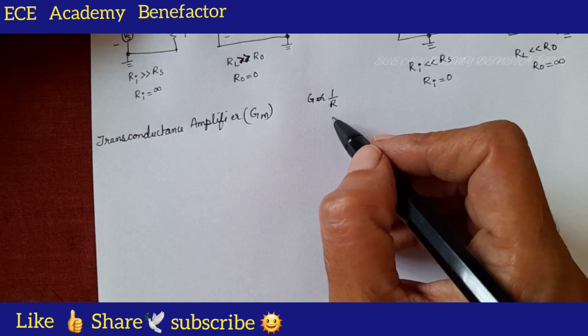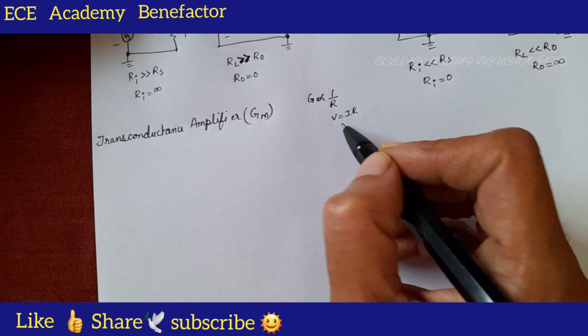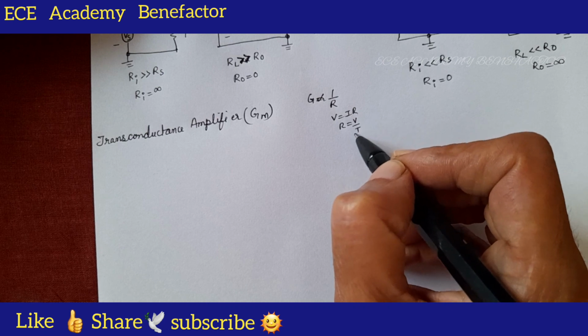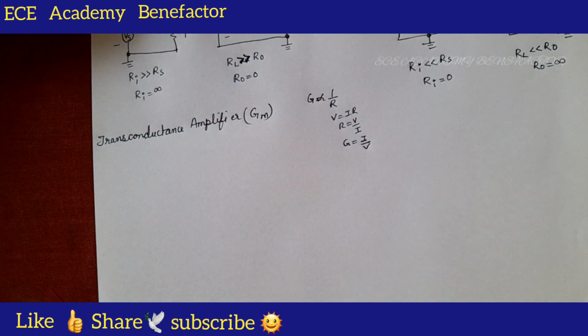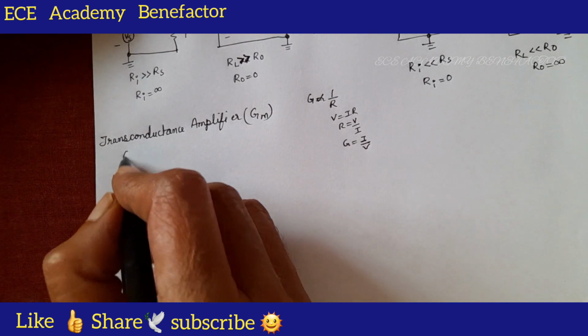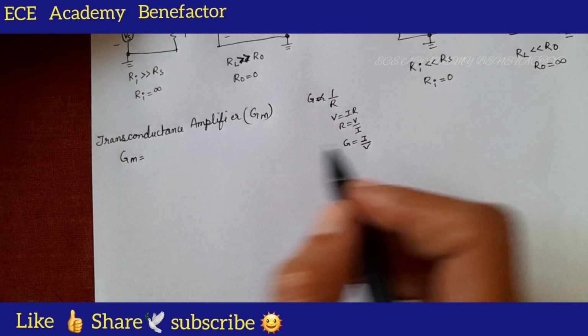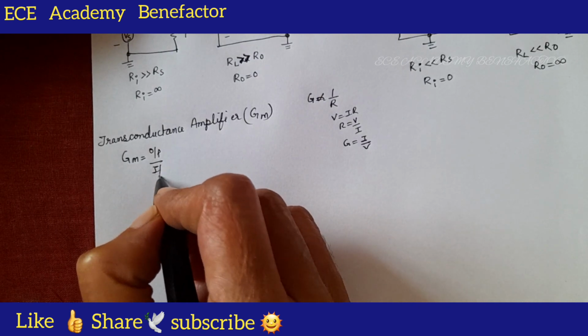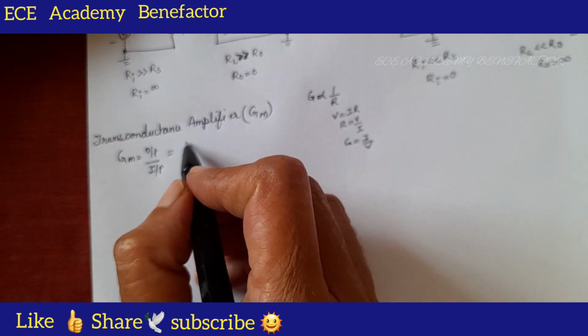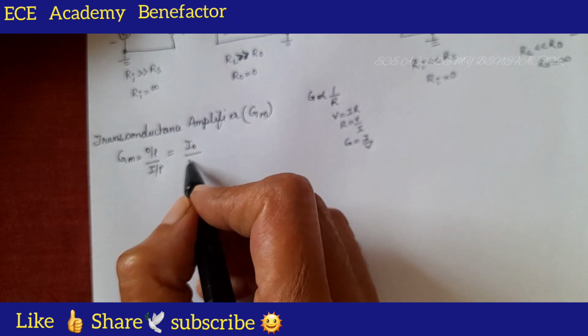And what is resistance? V is equal to IR, so R is equal to V by I. So, what is G equal to? G is equal to I by V. So, what is the Gm equation? Gm is equal to I by V, so it is output by input. Output is I, meaning I naught, and input is Vi.